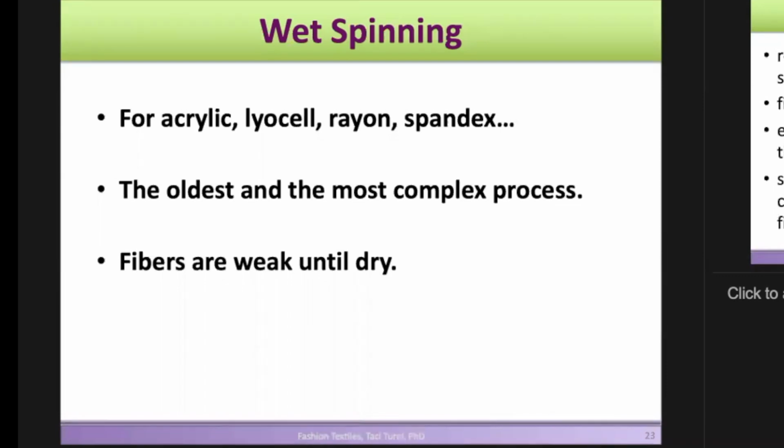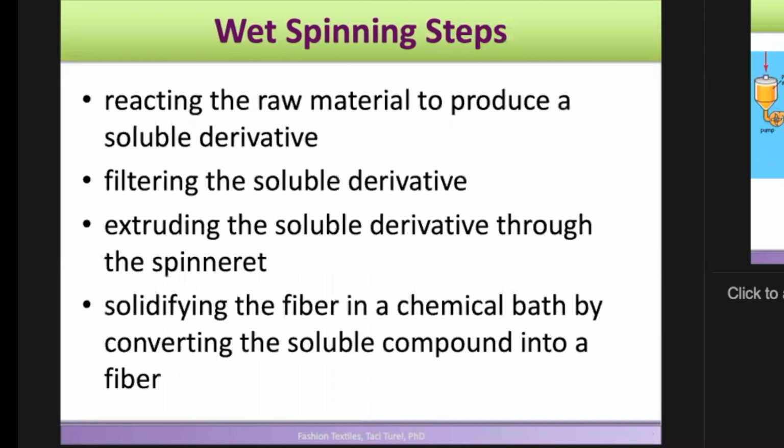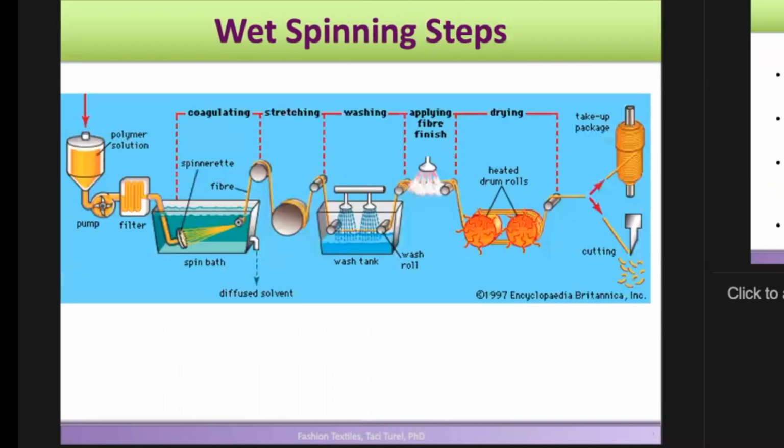This is a very old process. Fibers are usually weak in this case until they are completely dry because they are being extruded into a chemical bath. If you look at the process for this, this is our solution. We push this with the pump through the spinneret, and the spinneret is usually inside a bath, and the fibers come out inside that liquid or water.